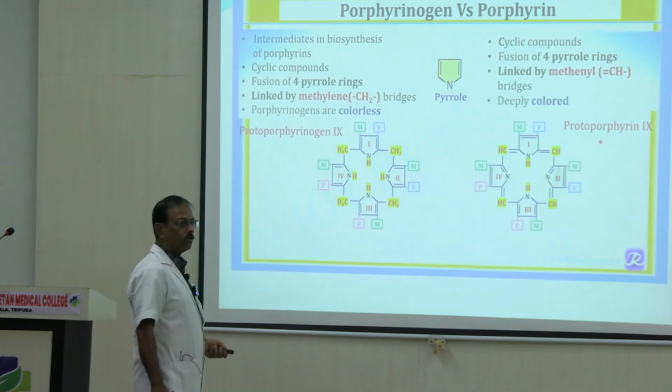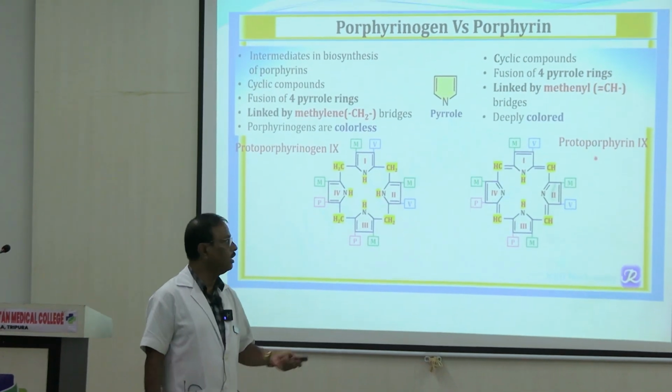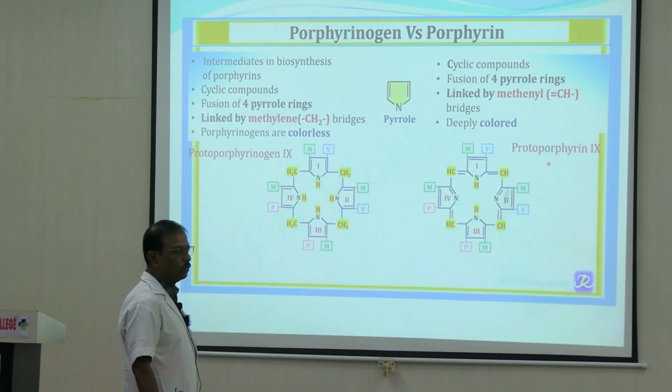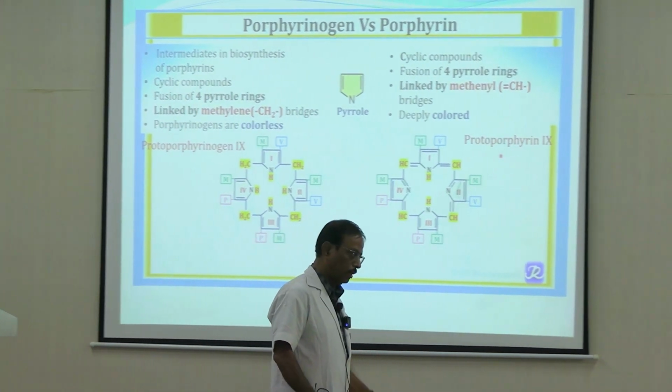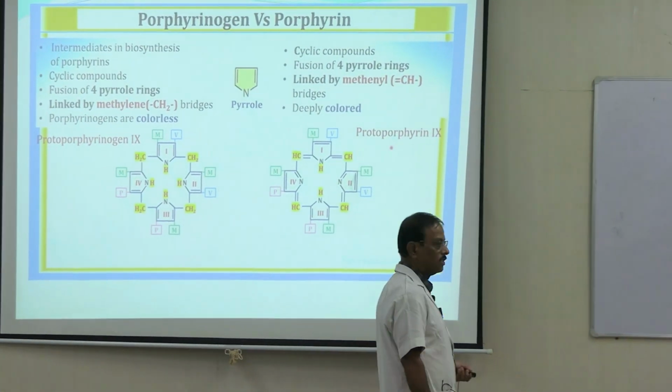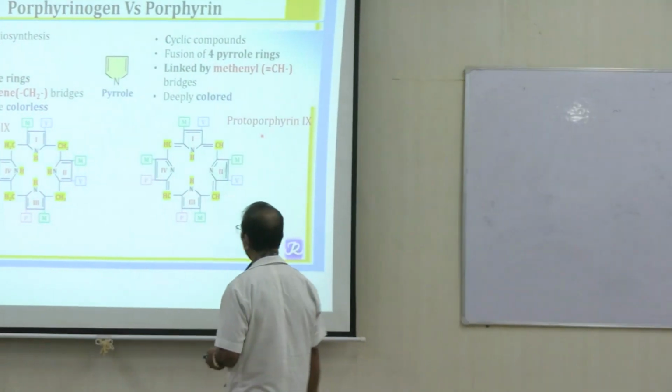Now, before we proceed to heme synthesis, let's see what porphyrinogen is and what porphyrin is. Porphyrins are cyclic compounds.